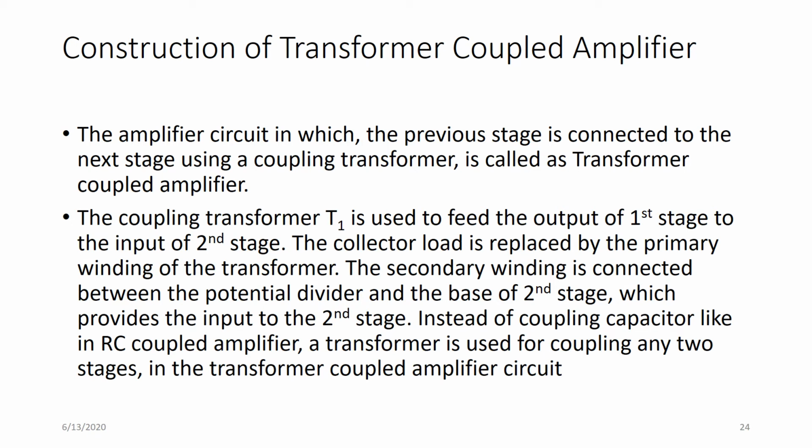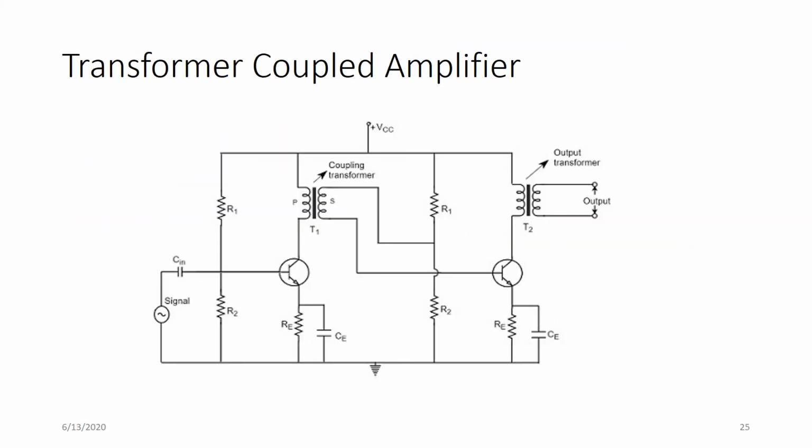The collector load is replaced by the primary winding of the transformer. The secondary winding is connected between the potential divider and the base of the second stage, which provides the input to the second stage. Instead of a coupling capacitor like in the RC coupled amplifier, a transformer is used for coupling any two stages.